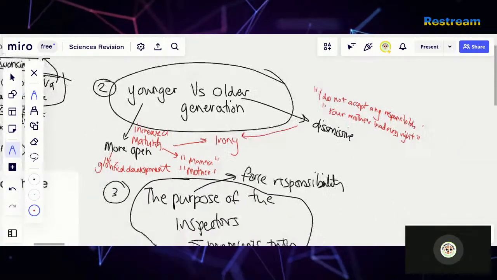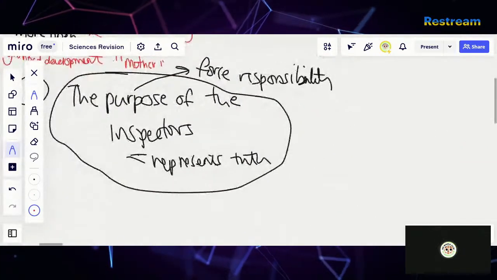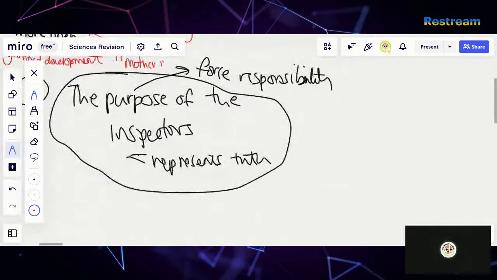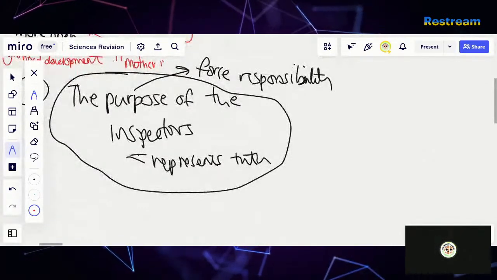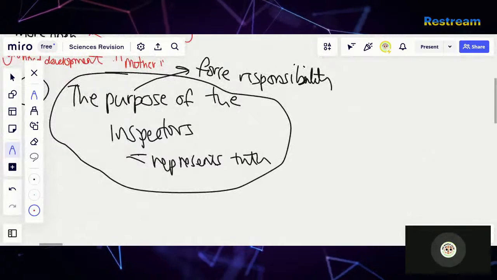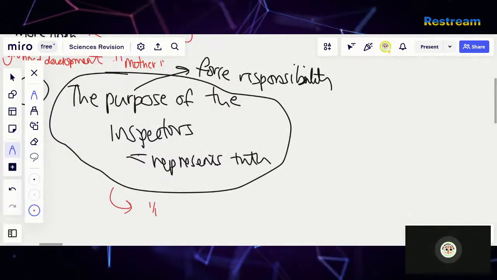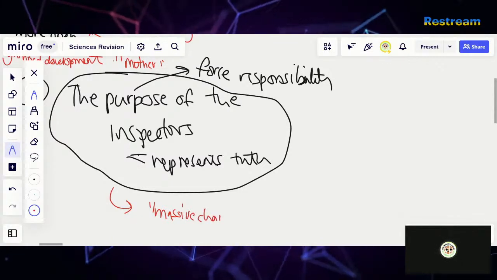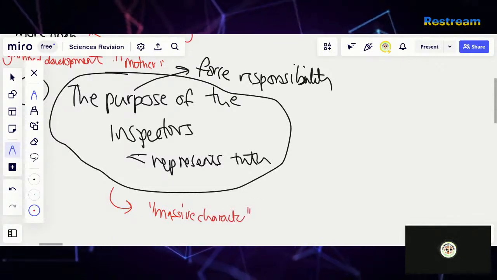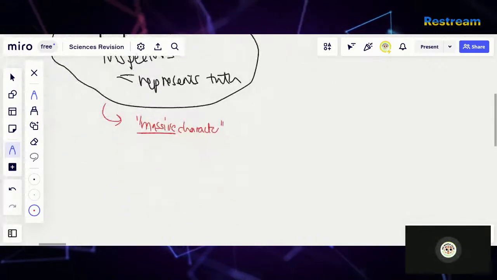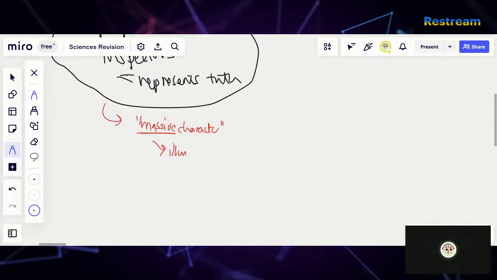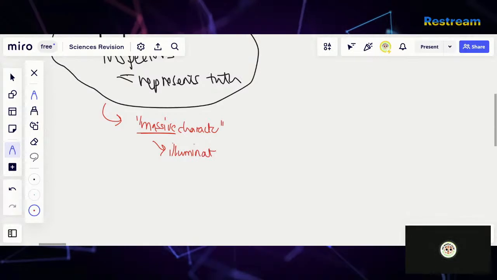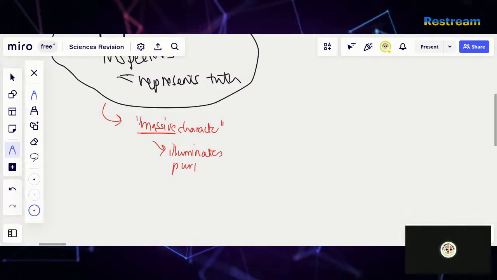And in terms of the purpose of the inspector, we see that in the stage directions, he's described as a massive character, or he has massive presence. And this idea of massive just illuminates this sense of purposefulness.